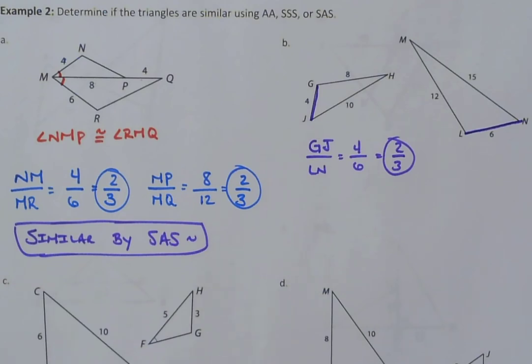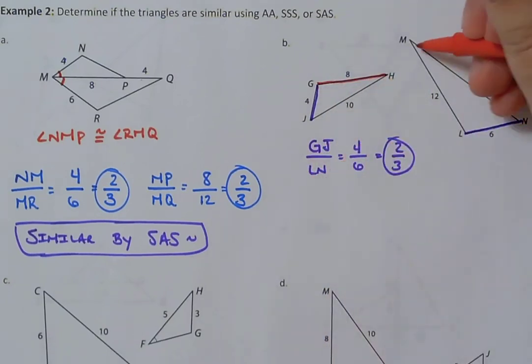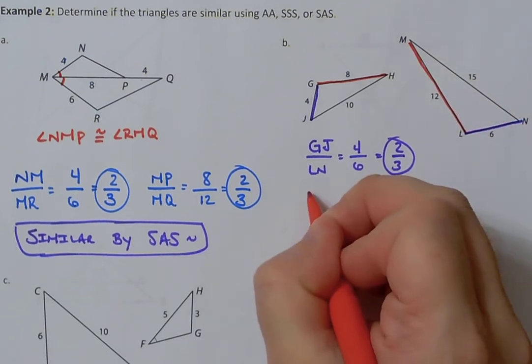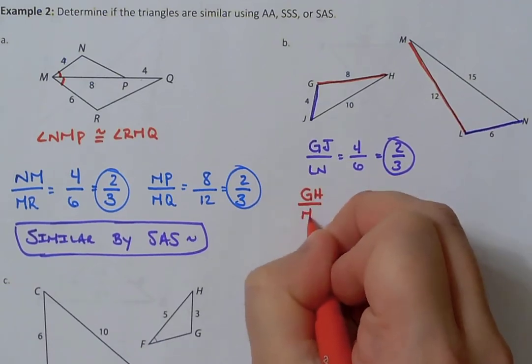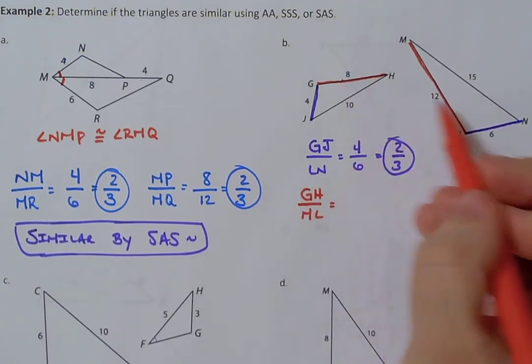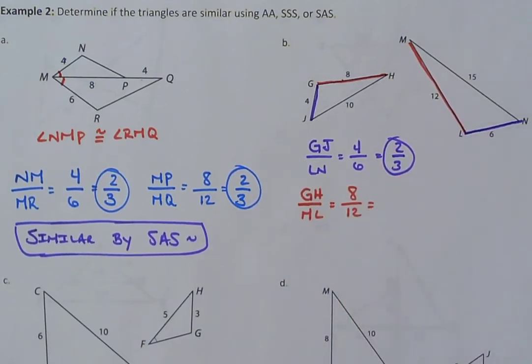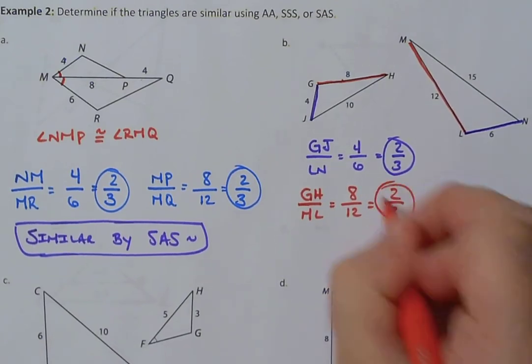Next, I'm going to take our middle length, or the second to smallest. So that's going to be GH as 8, and then we're going to take ML at 12. So if GH is 8 and ML is 12, it's going to be 8 over 12, and 8 over 12 is also going to simplify to 2/3.